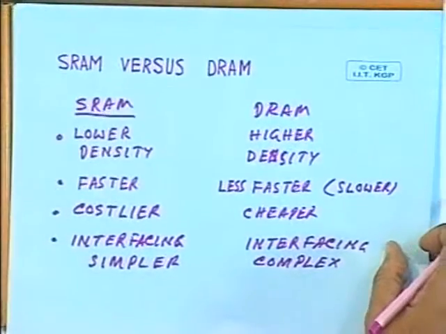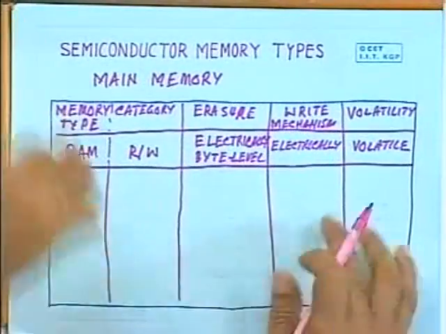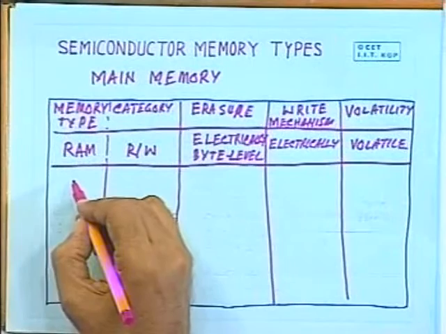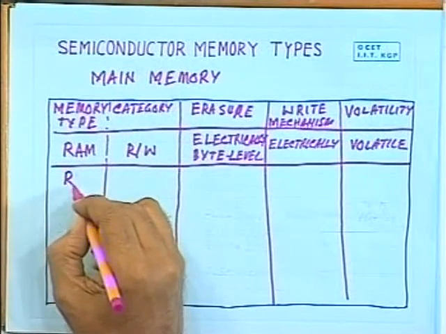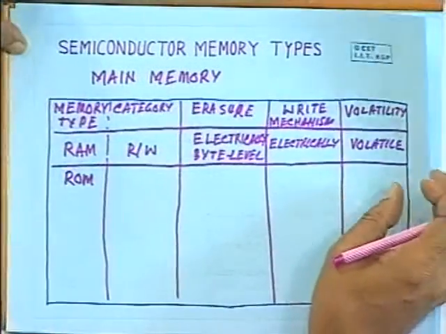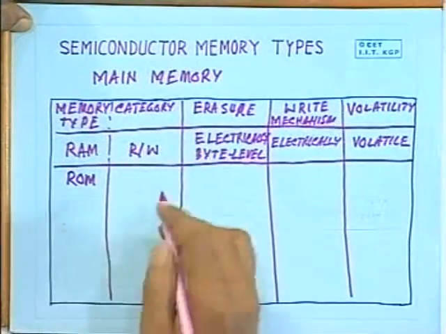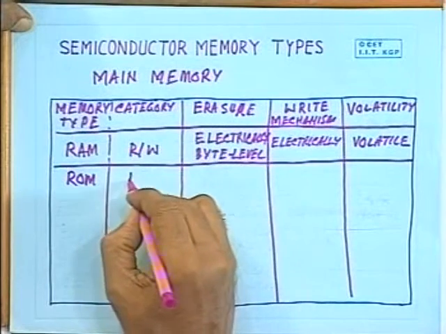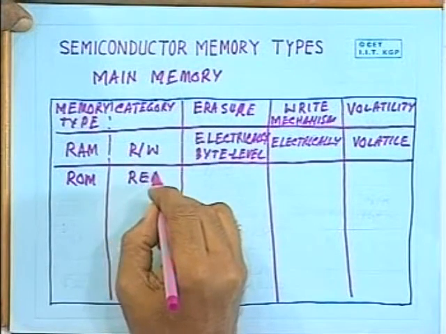Now, after discussing the random access memories, let us focus on the second type, ROM, read-only memory. In read-only memory you can perform only the read operation.